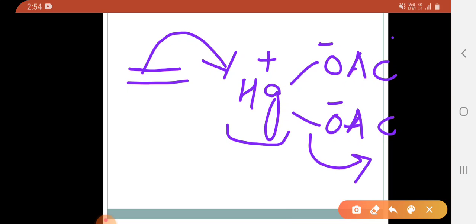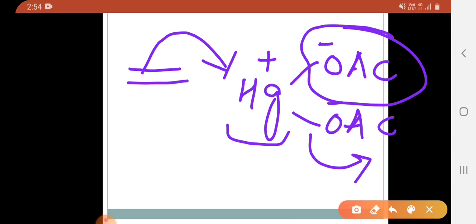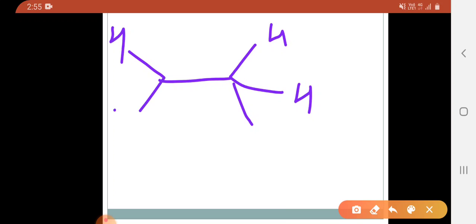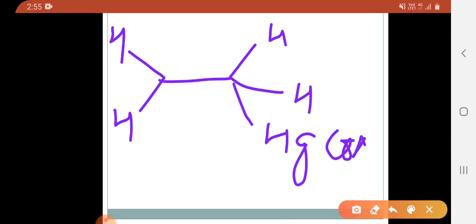Mind you that OAc is a good leaving group. So one of them is released, and we are left with a product wherein Hg is directly linked to the carbon of the former alkene, which first had 2 hydrogens on each carbon atom. Hg was previously bonded to the 2 OAcs; now after losing one OAc, it has a bond with the carbon and one with the OAc.